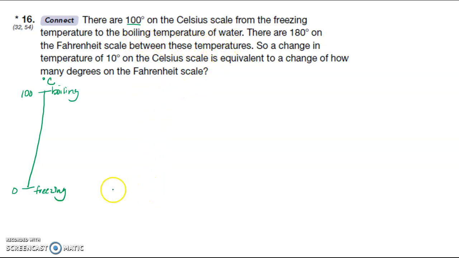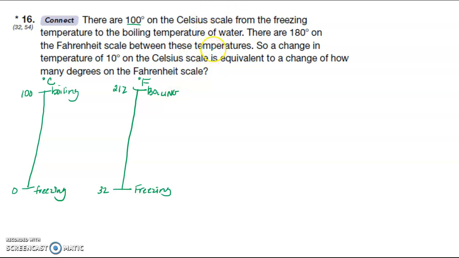So on a Fahrenheit scale, 32 degrees is freezing, and 212 degrees is boiling. So a change in temperature of 10 degrees on the Celsius scale is equivalent to a change in how many degrees on the Fahrenheit scale?